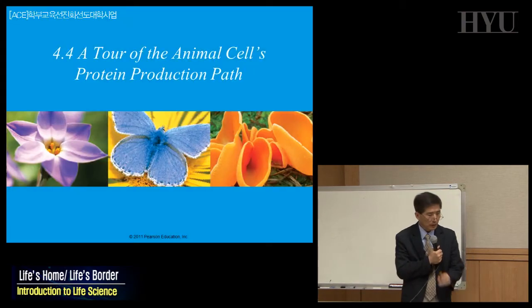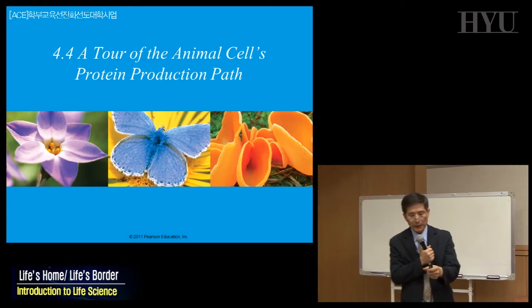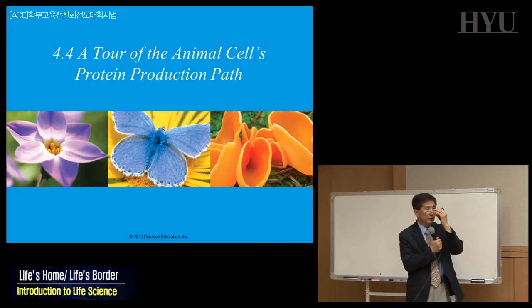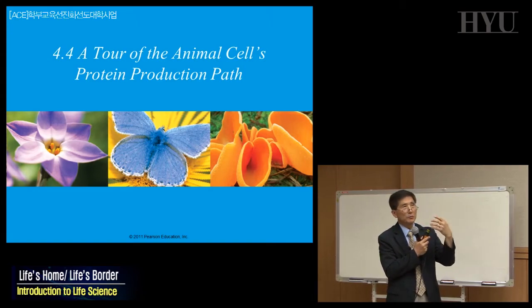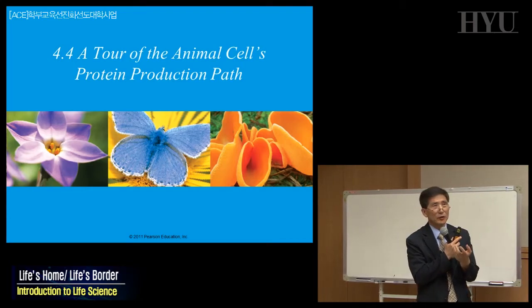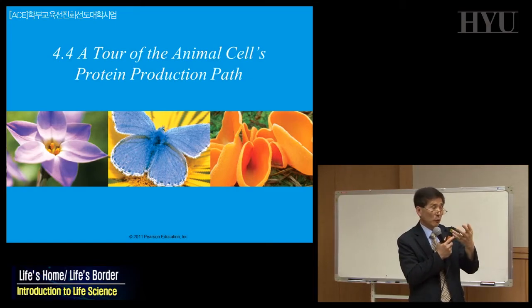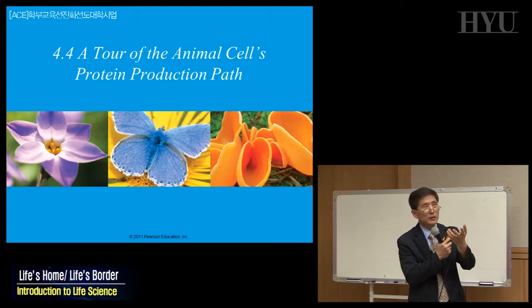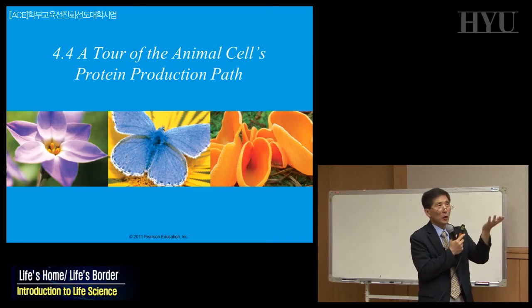Now we go on to look at the cell, but the basis of the question is how you look like your parents. You have your parents' DNA. What information is in DNA? We'll see, and that information somehow has to come out and show.